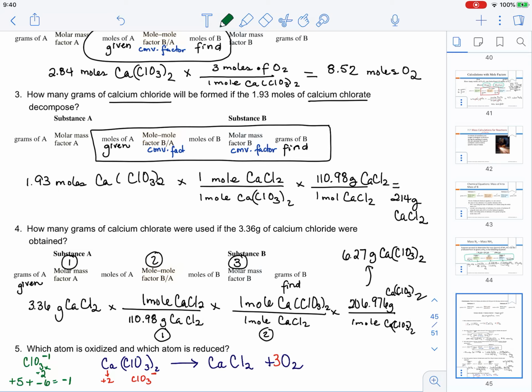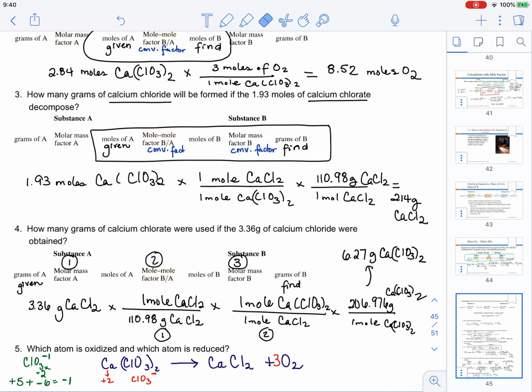Okay? So chlorine is +5. It's a little bit hard to see. Let me just erase it. But you can see the work on the other side. So chlorine is +5, and then oxygen is -2.